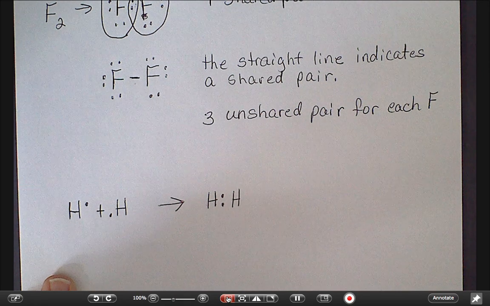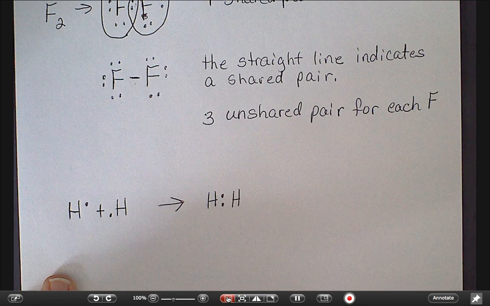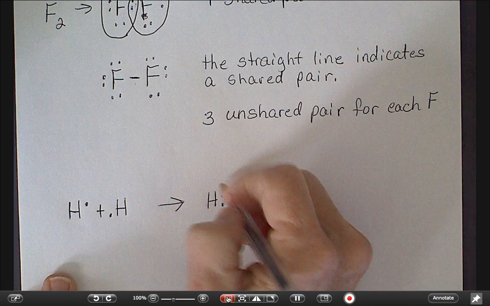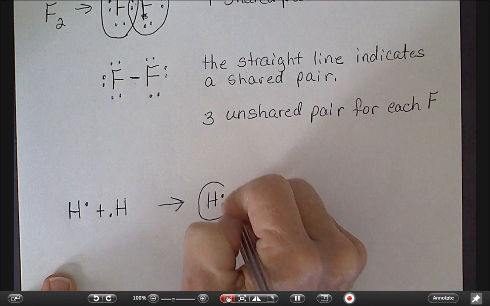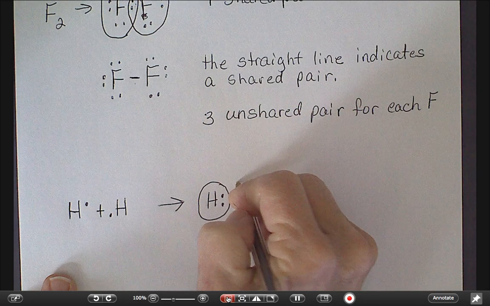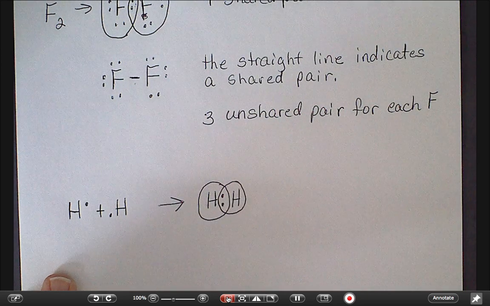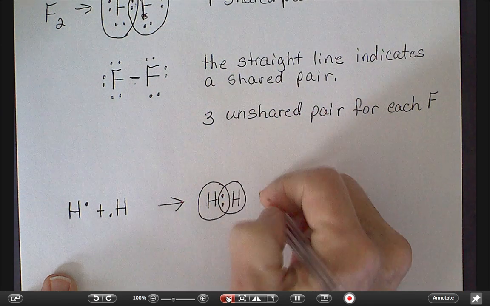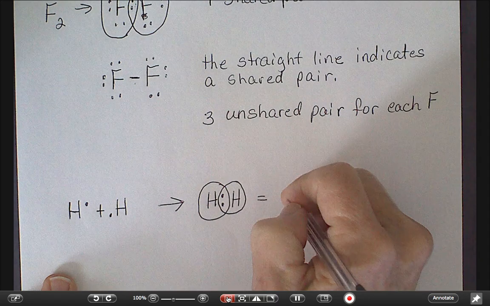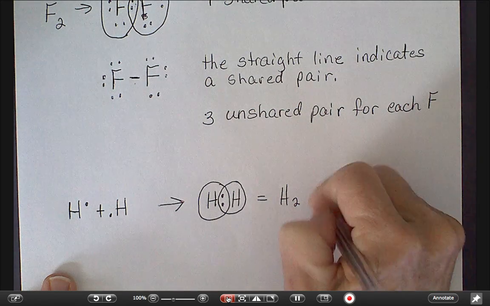Hydrogen is like helium. Its outer shell is filled with how many? 2. Okay? So do your Venn diagram. There's 2 for hydrogen and 2 for this hydrogen. Okay? So this right here basically is H2's helium configuration.